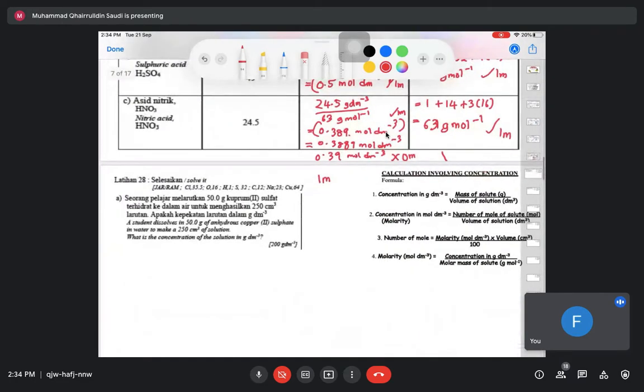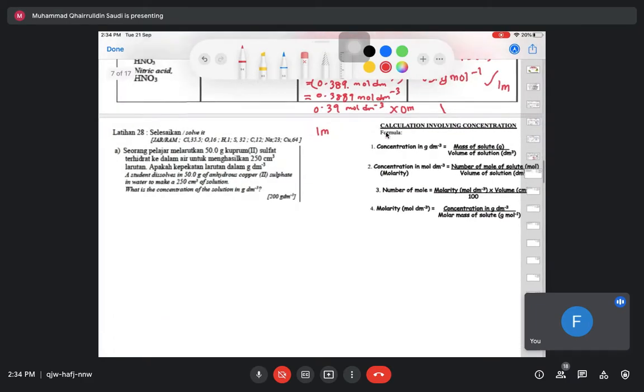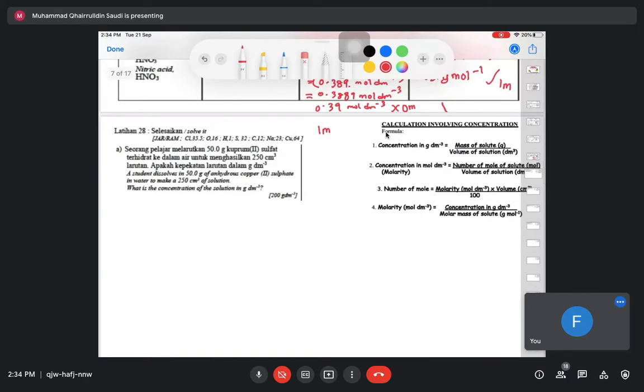Proceed with exercise 28. Exercise 28, A, only 1 mark, because it is easy. A student dissolves 50 gram of anhydrous copper sulfate in water to make 250 centimeter cube. What is the concentration in gram per dm cube? So we use formula number 1.